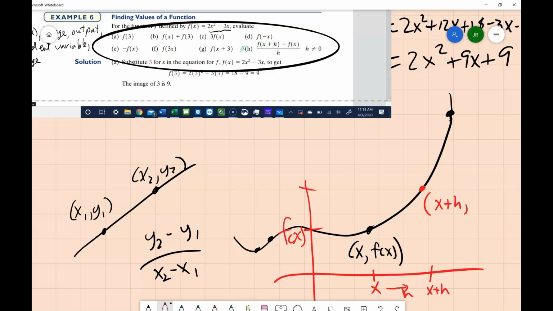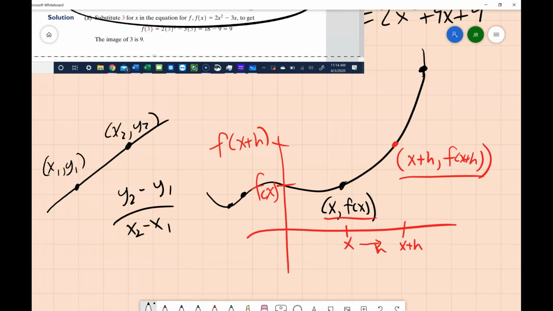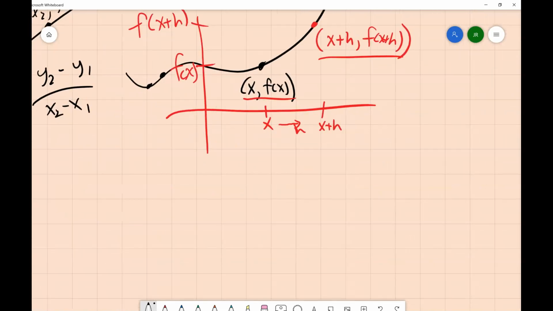And so the y value here is f of that. It's f of x plus h. So this is my ordered pair for my second point. This is my ordered pair for my first point. Okay. Now, find the slope between those 2 points.